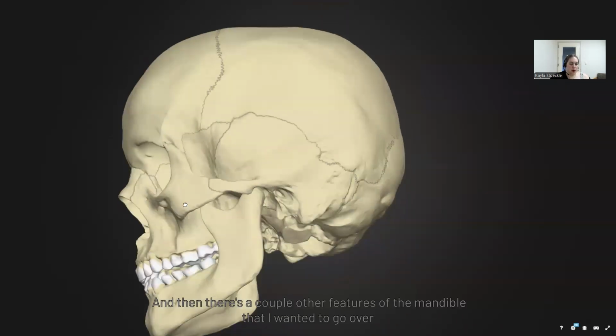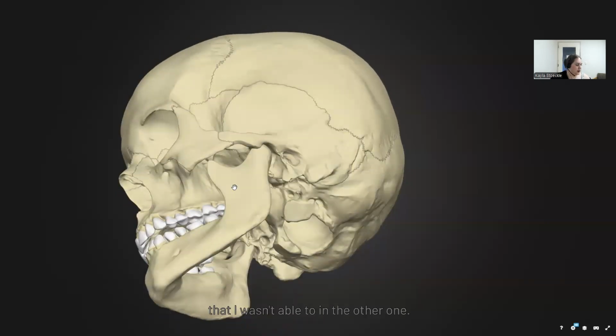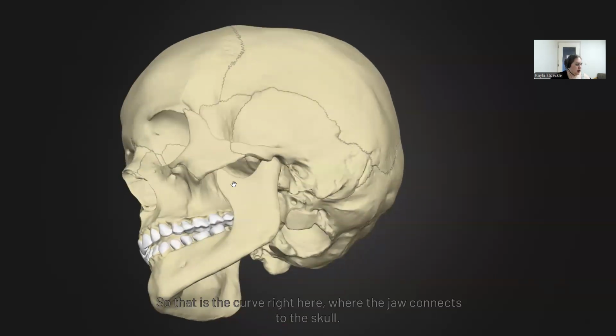And then there's a couple other features of the mandible that I wanted to go over that I wasn't able to in the other one. So obviously you have the mental foramen right there. You also have the mandibular notch. That is the curve right here where the jaw connects to the skull.